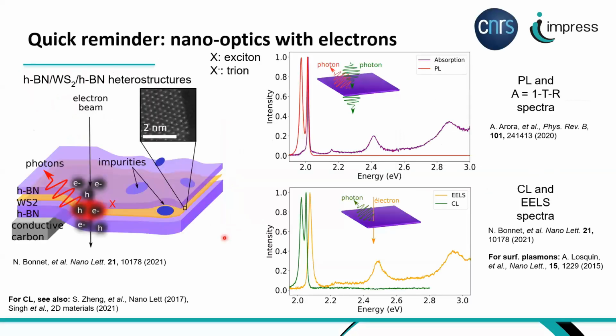So here in the LPS, we have been studying electron spectroscopy, using CL specifically in comparison to optical techniques to understand how we can use these electron spectroscopies for nano-optics. In this example I'm showing on the screen, we have a TMD monolayer, a tungsten disulfide monolayer encapsulated in hexagonal boron nitride.